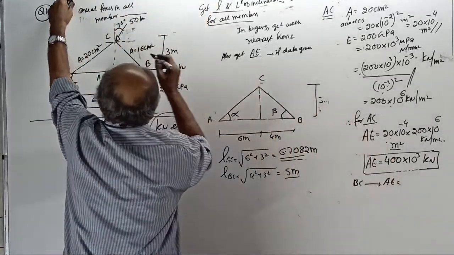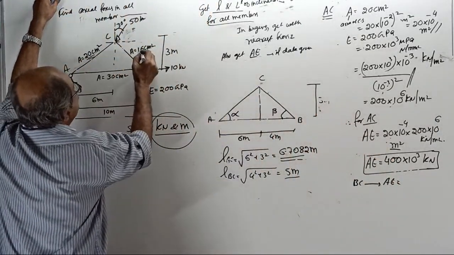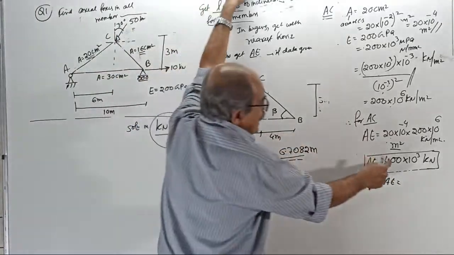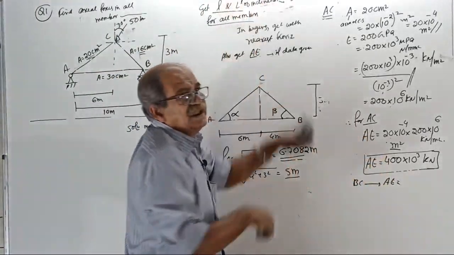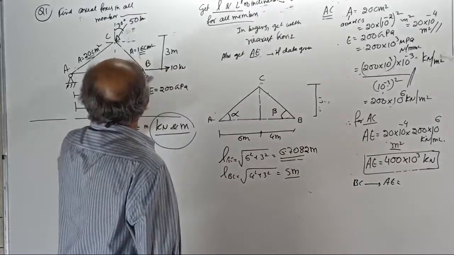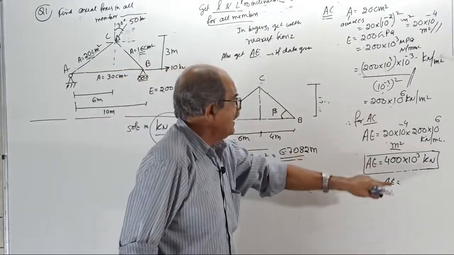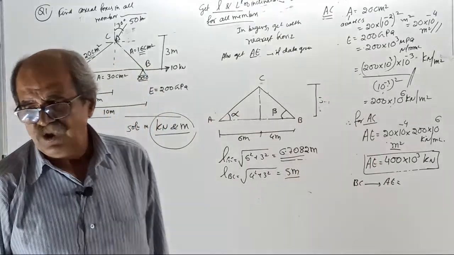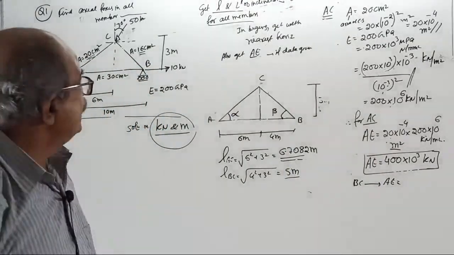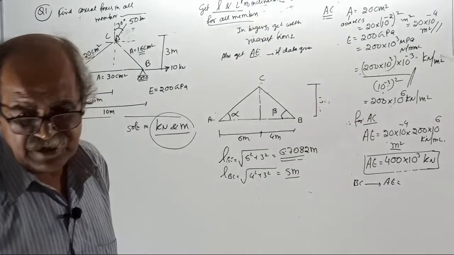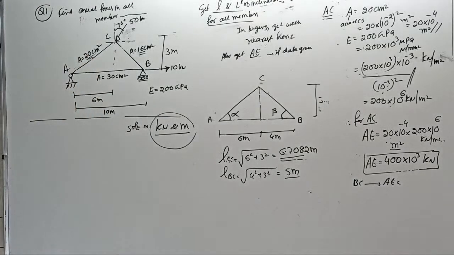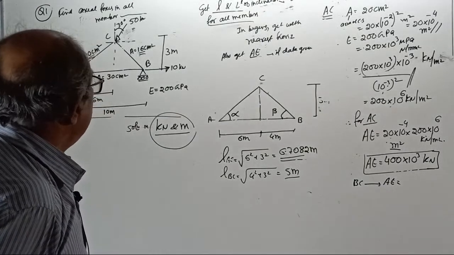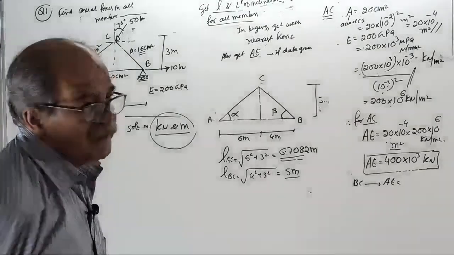For the BC member, tell directly AE equal to. See, instead of 20, change it to 16. Divide by 20, multiply by 16. If 20 centimeter square becomes 400, tell me how much 16 centimeter square will become.